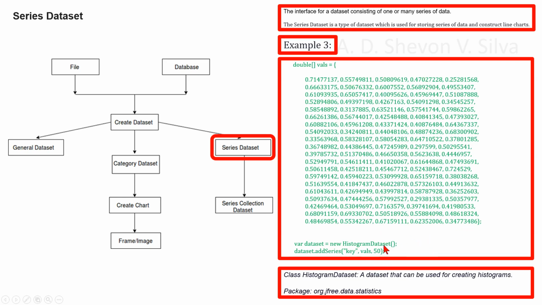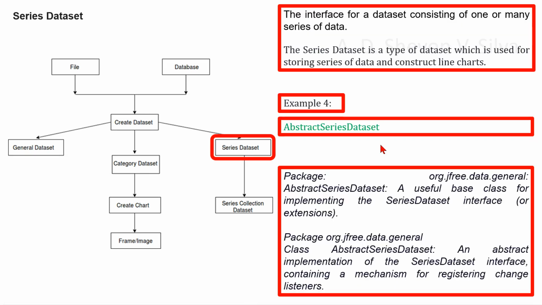The histogram dataset is in the package org.jfree.data.statistics. Abstract series dataset, in package org.jfree.data.general, is a useful base class for implementing the series dataset interface or extensions.